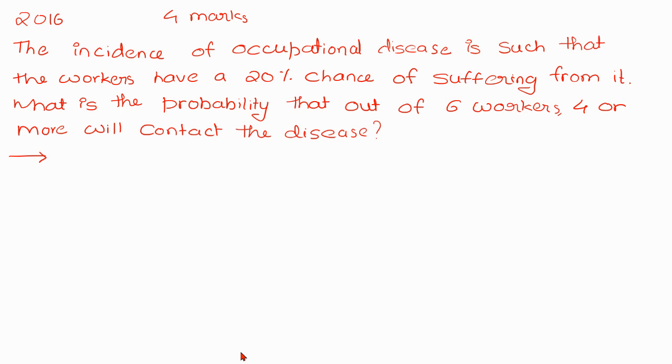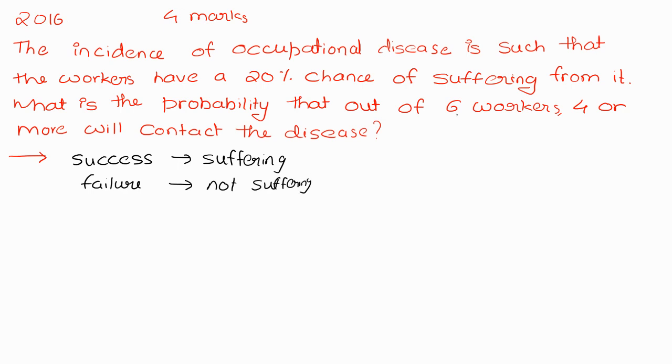That means again two options, so binomial distribution again. My success is suffering, failure is not suffering. How many workers are there in total? N is equal to 6.